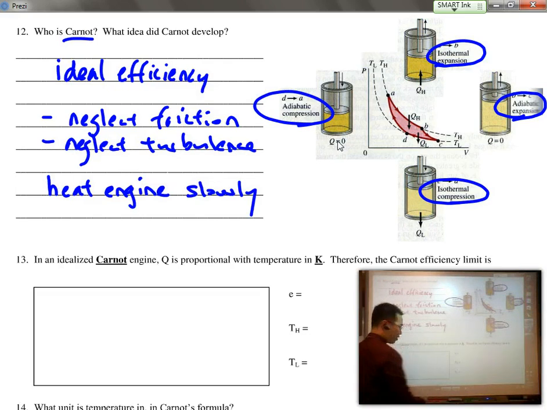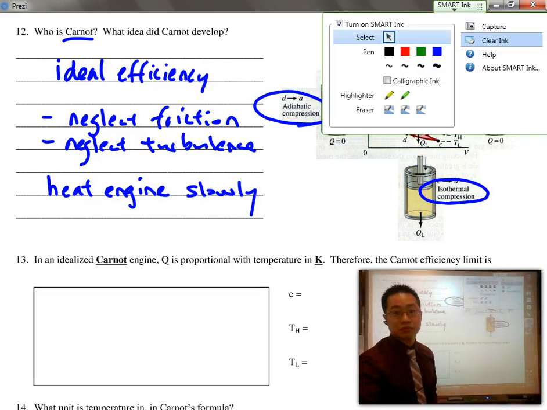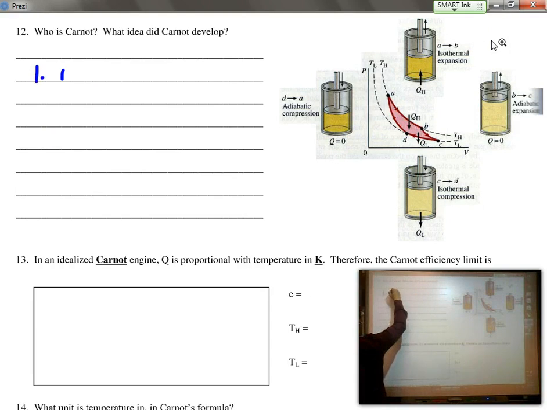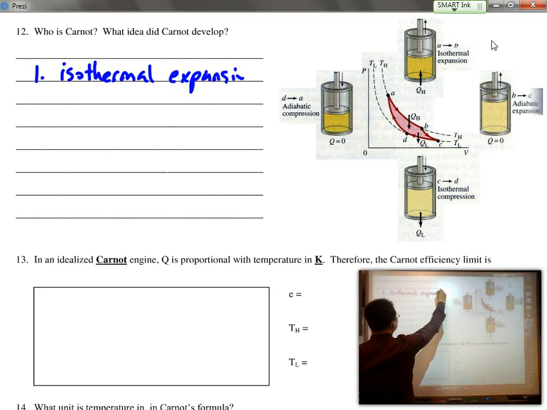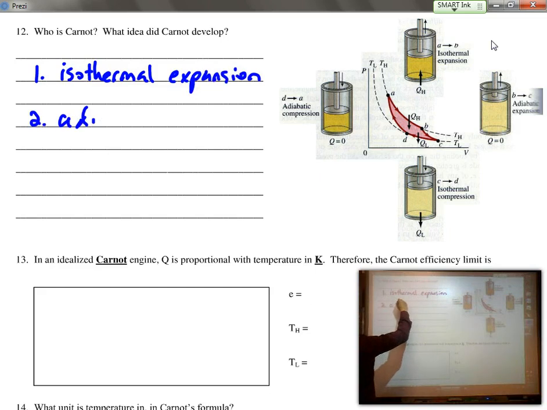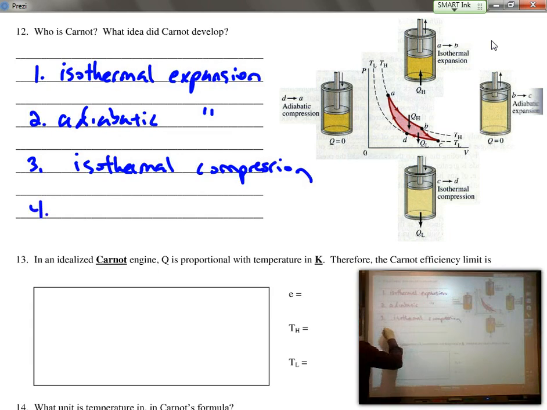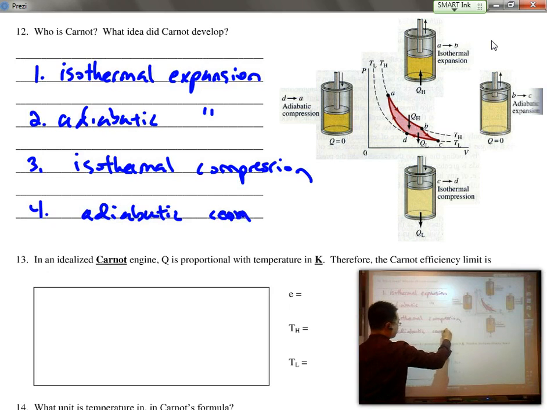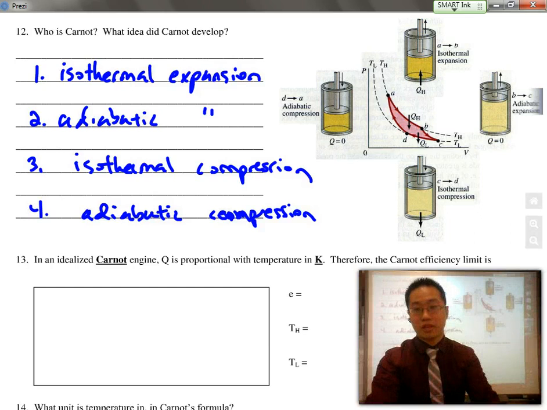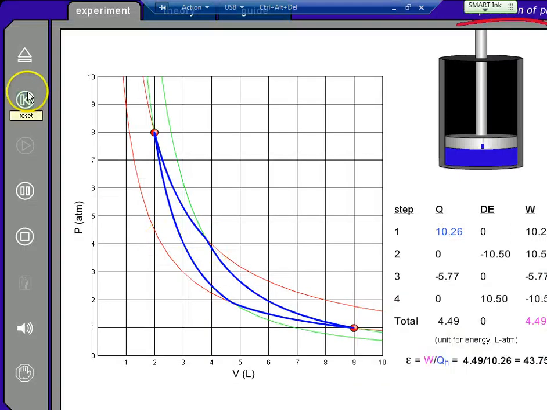So if I were to just rewrite that out, adiabatic expansion, then an isothermal compression, and an adiabatic compression. Okay, if you start with those 4 steps, let's go to our example over here.